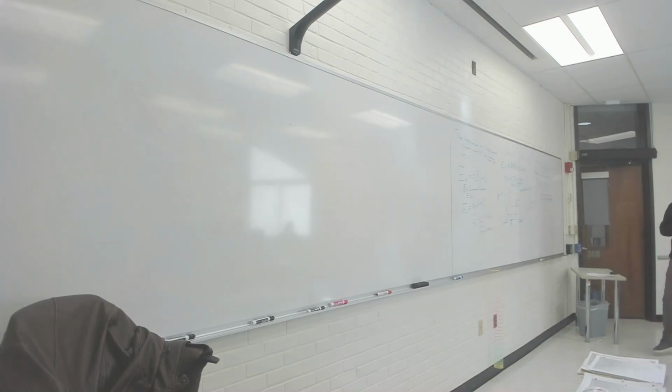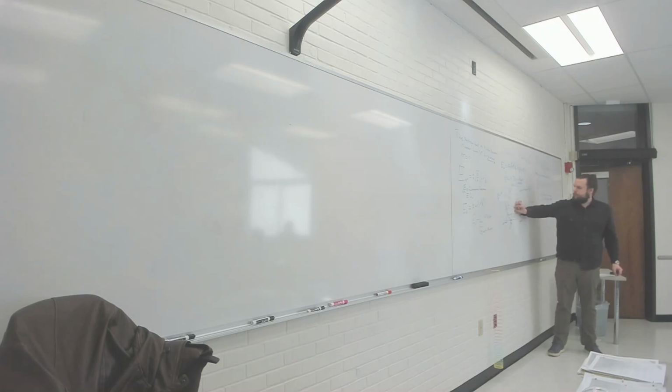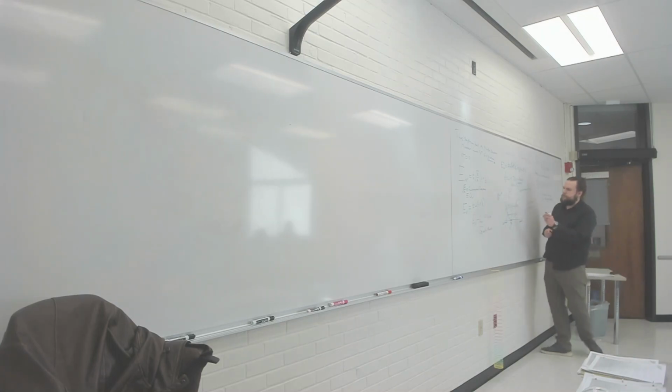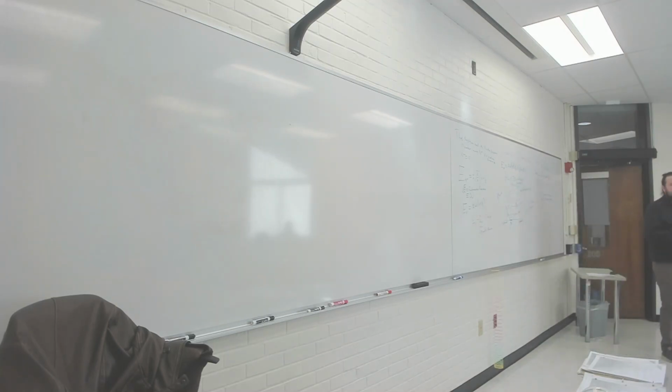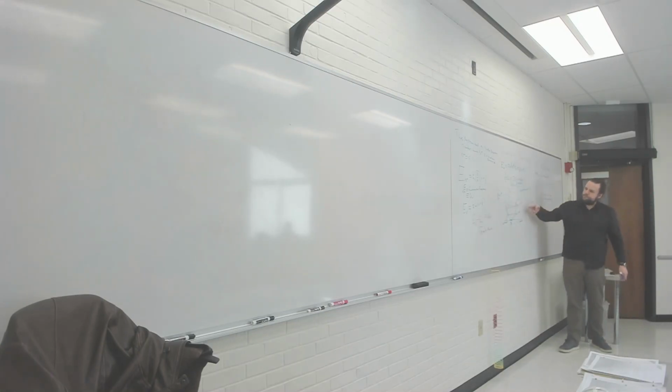So this gap for this level is going to be at 1,500, this is at 4,500, and so on and so forth, wave numbers. And the splitting is 3,000 wave numbers.